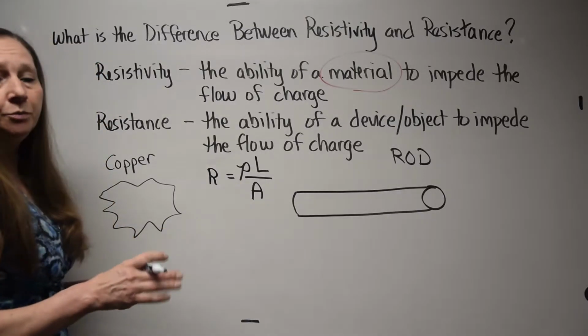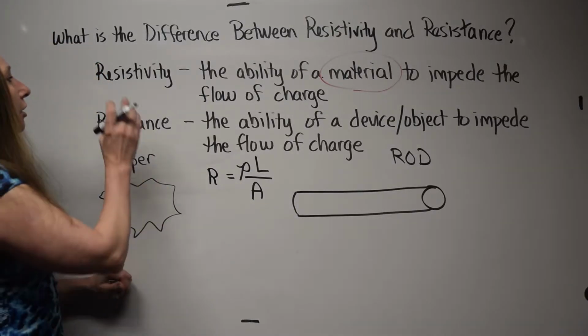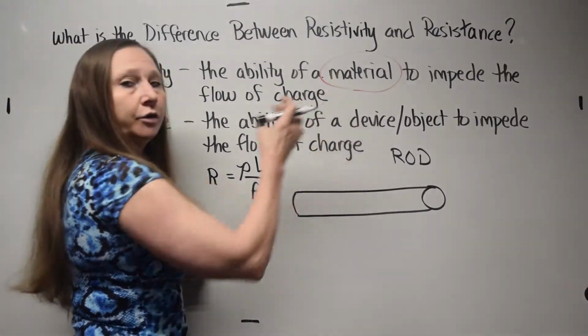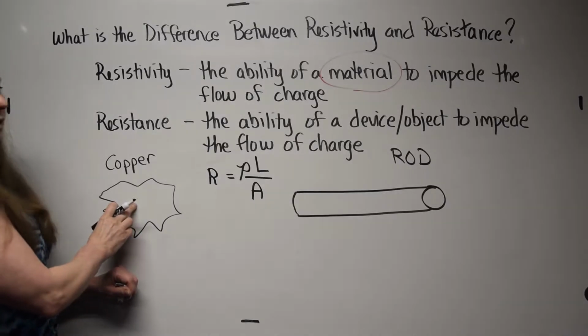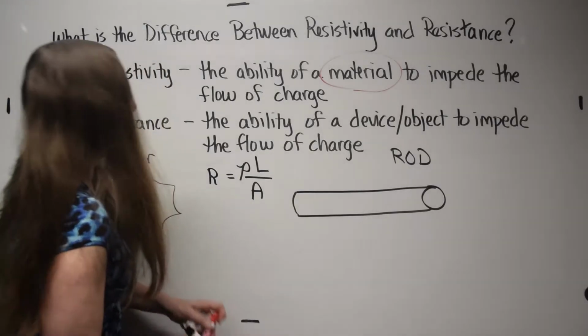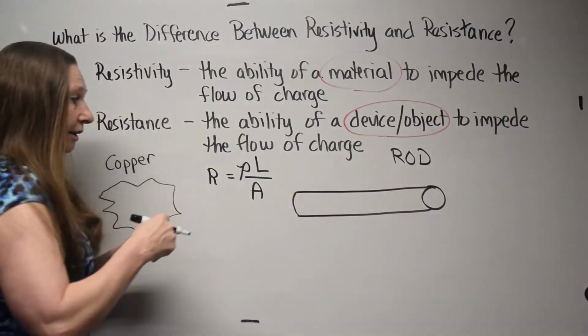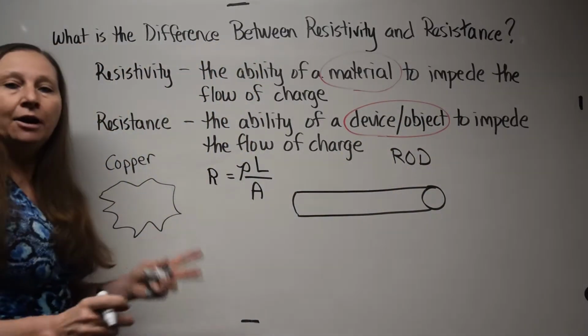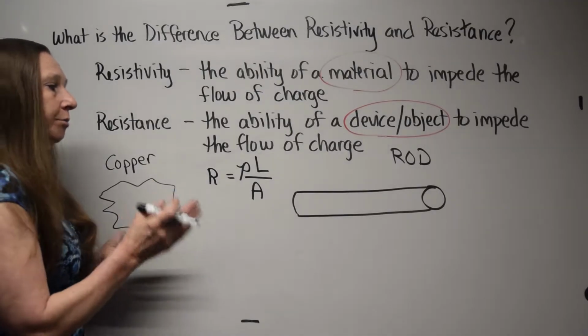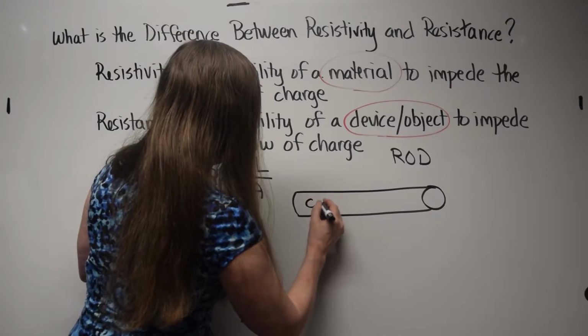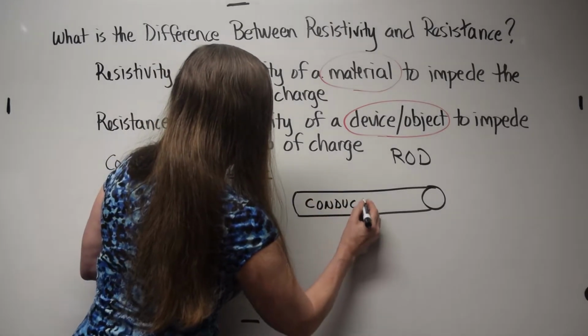So the difference between resistivity and resistance: resistivity is a measure of the ability of the pure material. Resistance is a measure of the ability of a device or an object that you have constructed out of a particular material to impede the flow of charge. And remember, this rod is generally called a conductor.